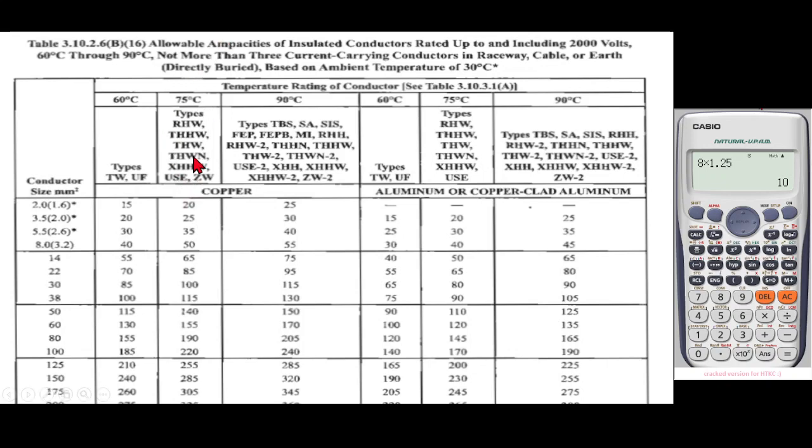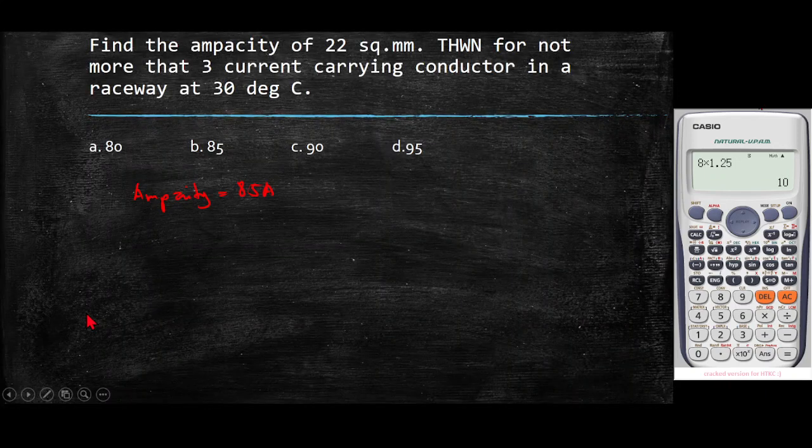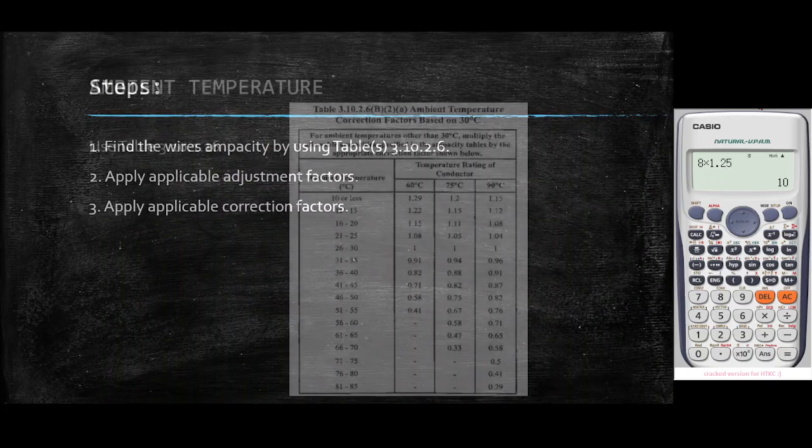For a wire with a certain rating, this is usually denoted as 25 degrees Celsius. TW is 60 degrees Celsius. UF is underground wire or underfloor wire, and it is 75.